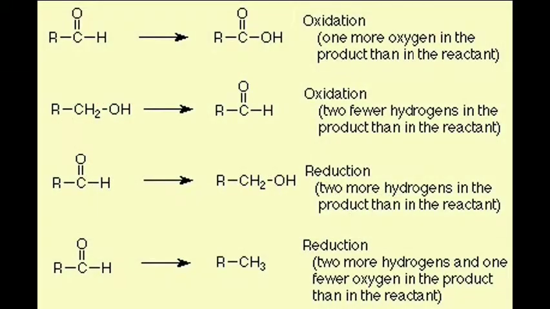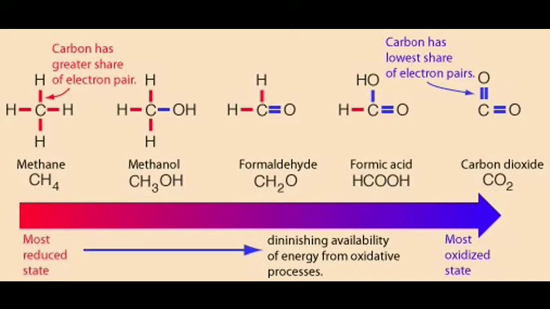Many oxidations involve the addition of oxygen atoms or the removal of hydrogen atoms from and to organic molecules. Functional groups can be arranged in the order of increasing oxidation numbers, indicating an increase of oxidation.